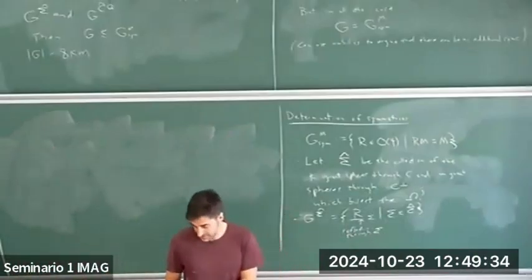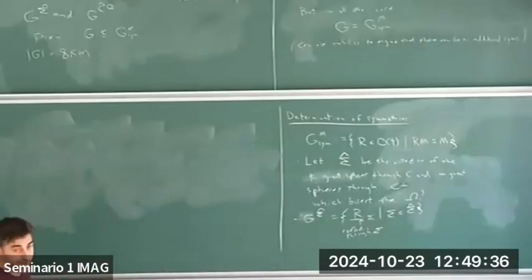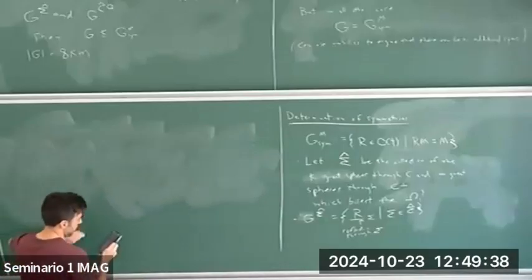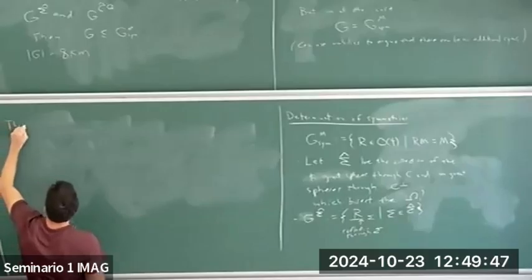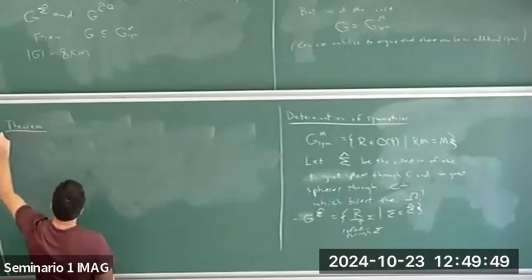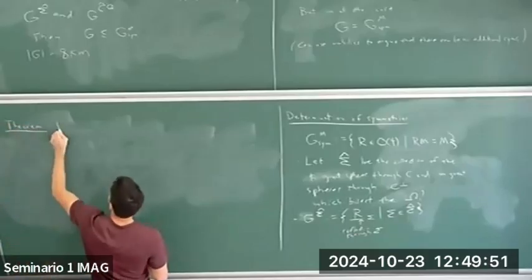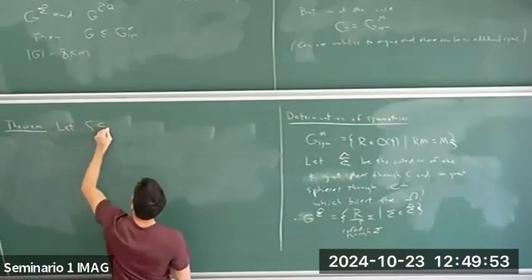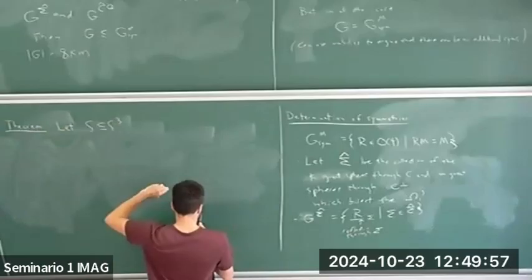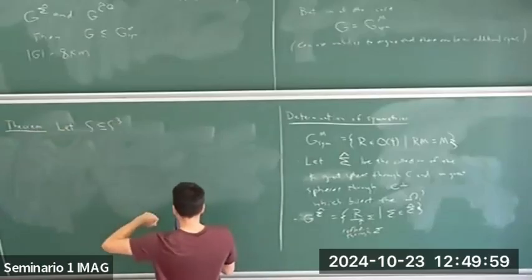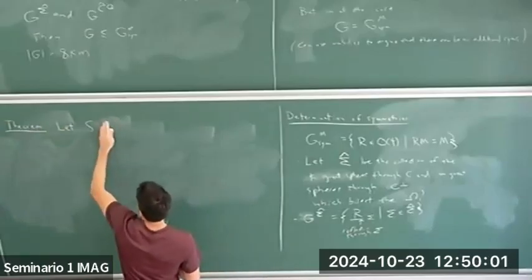Okay, so now that I've defined that group and said a little bit about it, I can state the uniqueness result. Let me use this animation runner.